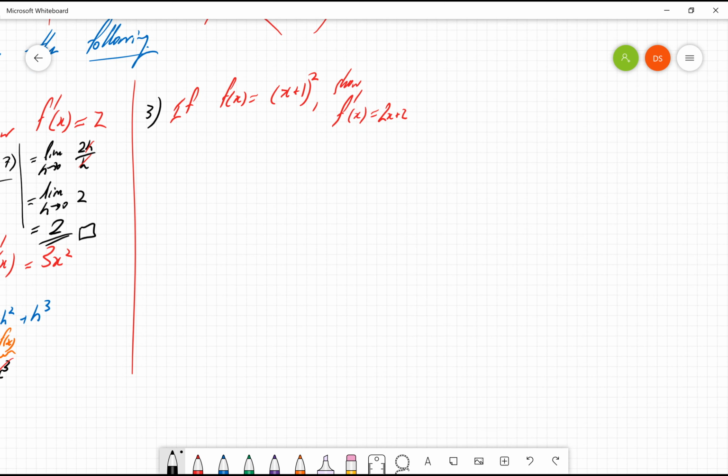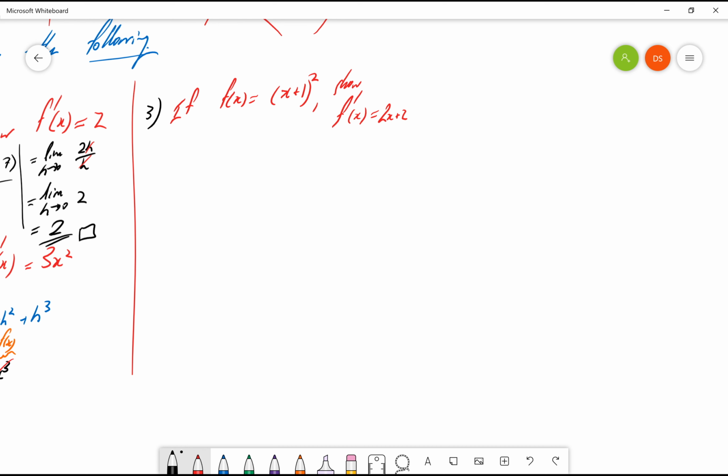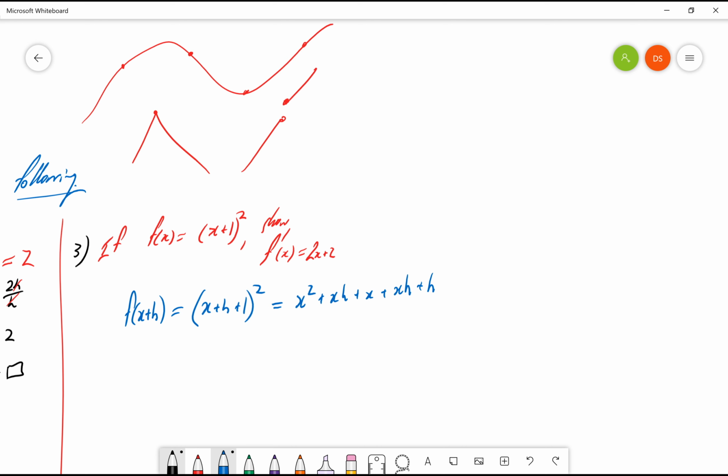So this last one, all right, f of x plus h is going to be x plus h plus 1 squared, and if you do a bit of expanding carefully, you will get x squared plus xh plus x plus xh plus h squared plus h plus x plus h plus 1.